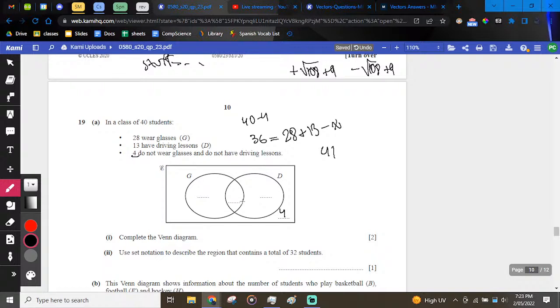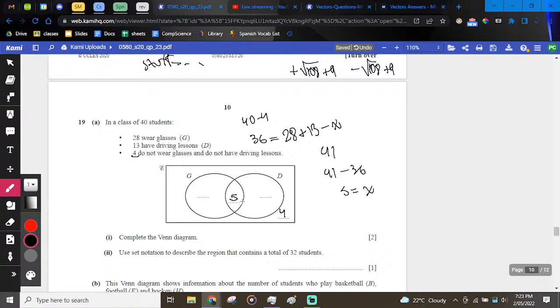So there are 41 who wear glasses and have that, but there are only 36 who are inside the two circles. So, how many people add to both? 41 minus 36. 5. X equals 5. 5 people in the middle.